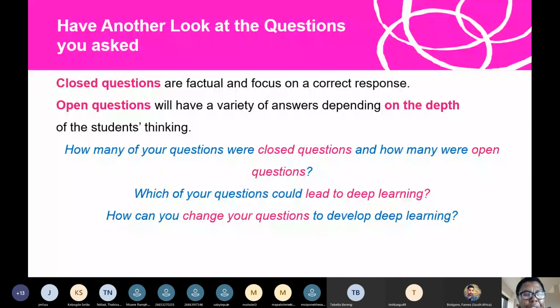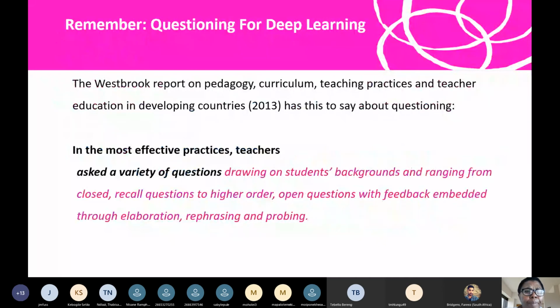we ask questions that will ensure that learners are critical thinkers, able to consider different perspectives, able to evaluate evidence, and able to think deeper about what is in front of them. Okay?